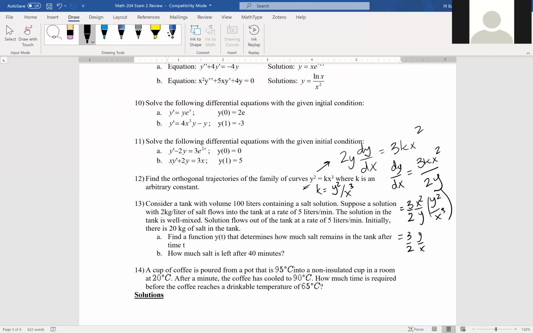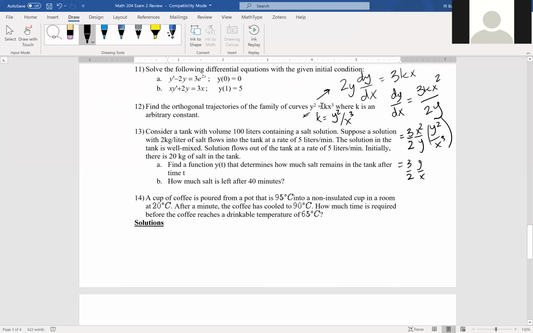Now that is the slope for the original function. I need the opposite reciprocal. So I need to solve, when does dy dx equal 2x over 3y, and integrate that.